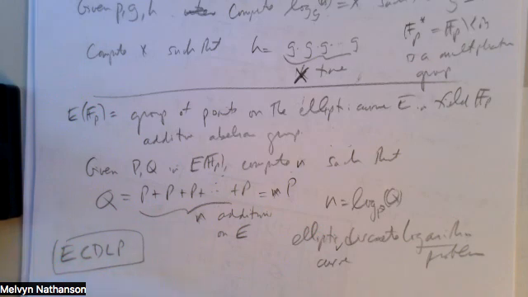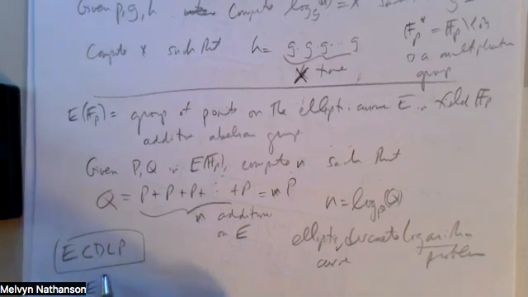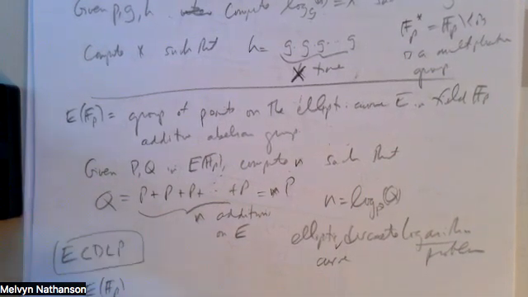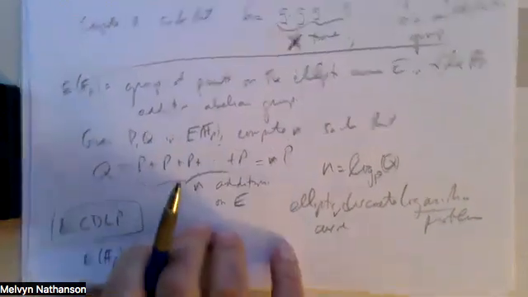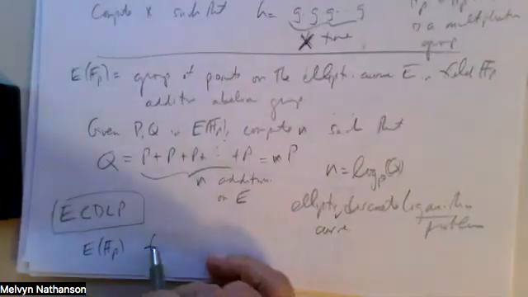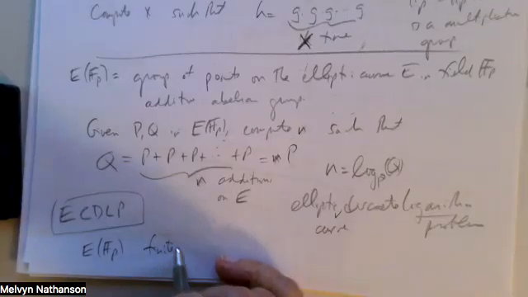Okay. Now, this is not completely precise, because the elliptic curve E, if you look at it over a finite field F_P, is an abelian group, but it's finite.